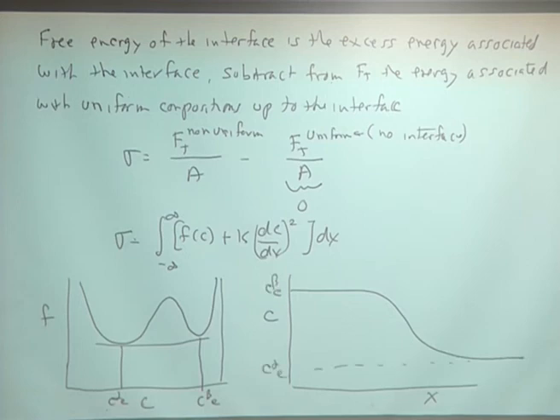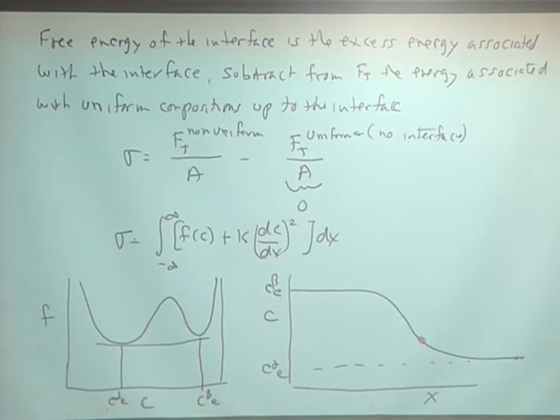If you've never looked at these before, they're somewhat confusing. So what does this mean? Think about what's going on. You start, let's say, all the way out here. The free energy, you're sitting down here, the free energy is 0. As you begin to move along here, the bulk free energy of a bit of material of this composition, you go over and you pick up the free energy.